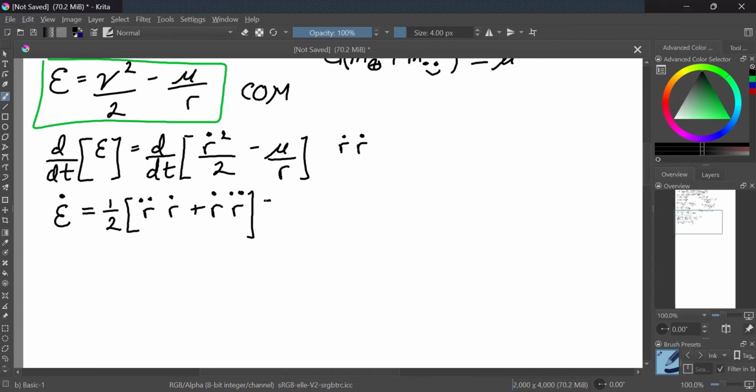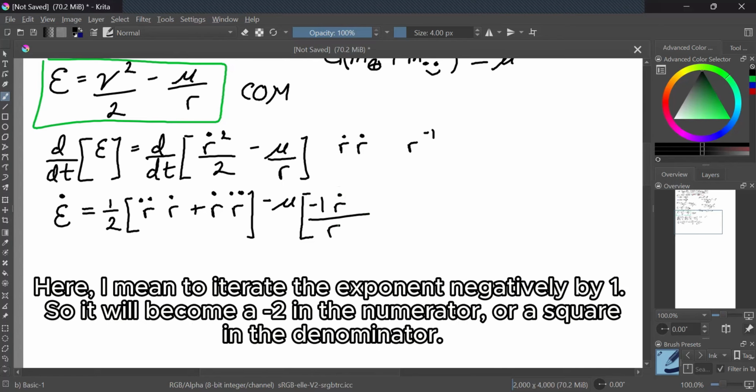Then for the second term, we can take out the minus mu because that's constant. I'm going to treat my r as r to the minus 1. Taking the derivative, it's going to be that minus 1 exponent, the derivative of the variable over the variable, and then reduce the exponent by 1, so 2.